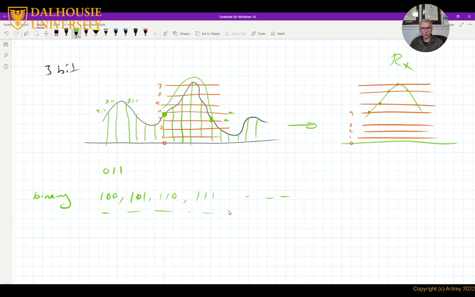More bits means more data to send, right? With 3 bits, I can send the whole thing and see how many points I have, multiply by 3. If I have 5 or 8 bits, then more bits need to be sent. So the more resolution I have, the more bit rate I need to send the signal. Okay, so that's the general idea.